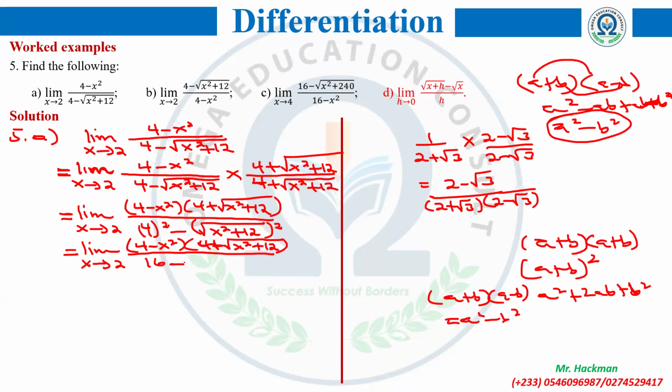Then minus, the square here will get rid of the square root here. Do you agree? So I will be left with x squared plus 12. Think through very well. It shouldn't be minus 12.